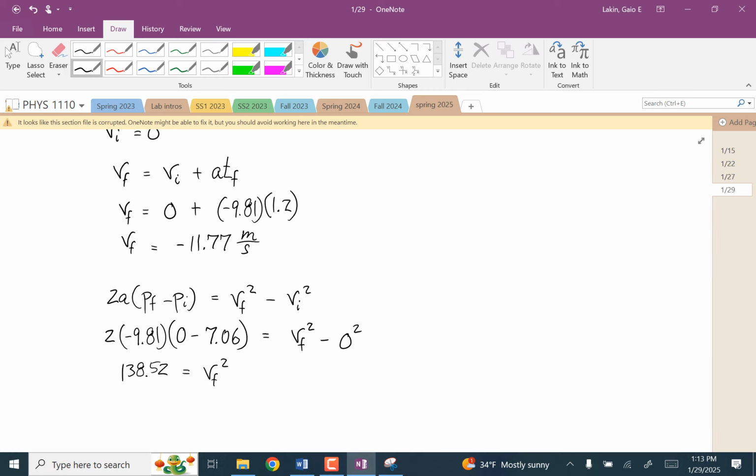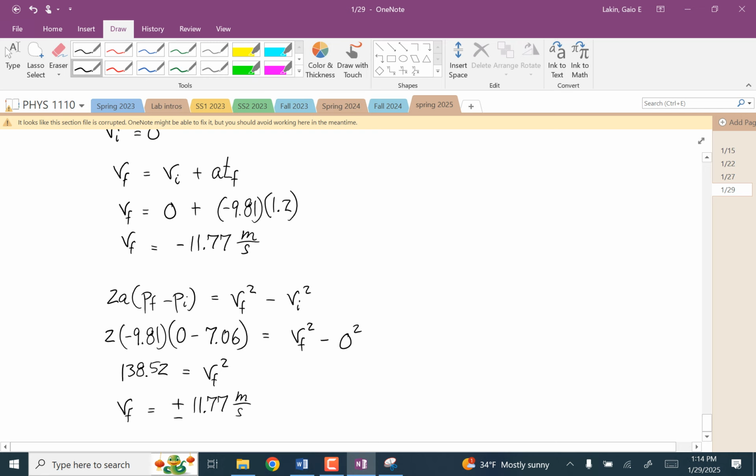Okay, but this is where I wanted to show you this because this shows what happens if you're not careful about those signs. If you take the square root of this variable, the answer can be the plus or the minus square root. Okay, so our V final is equal to plus or minus 11.77.